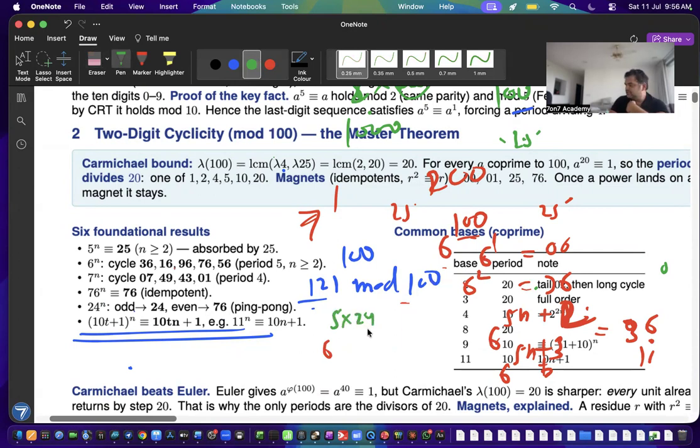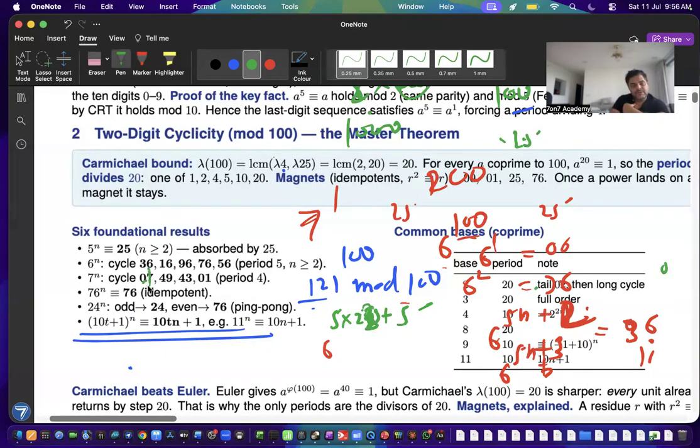So 5 times 23 is 80 only, and you have to go close to 100. So you can write 5 raised to 23 plus 5, understand? Because 5 raised to 24 is 100, if 5 into 24 is 100, so if you want to break it, you can break it like this.